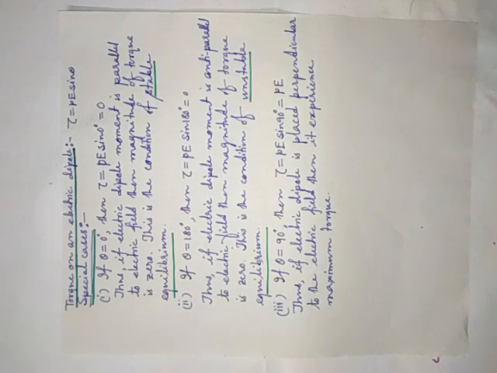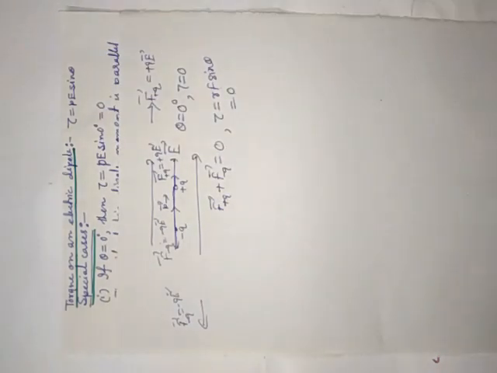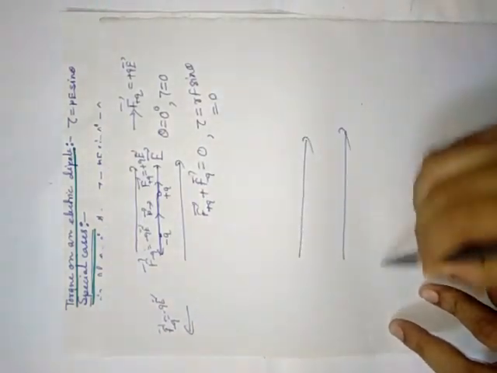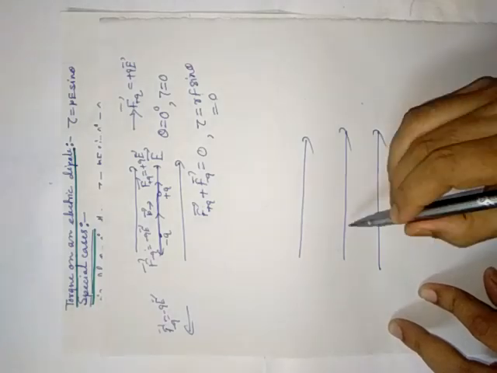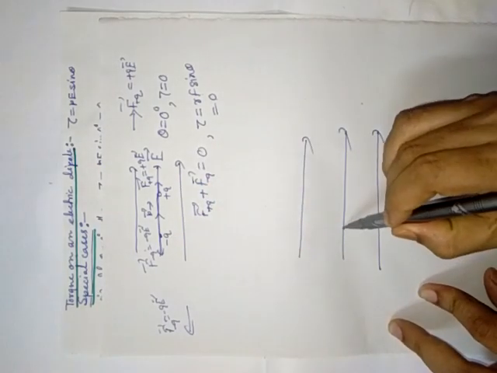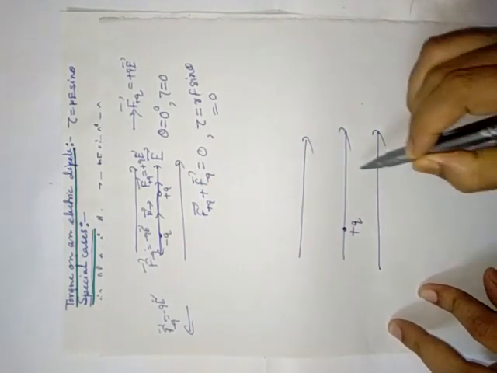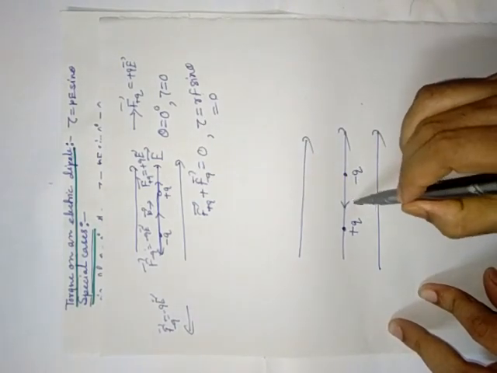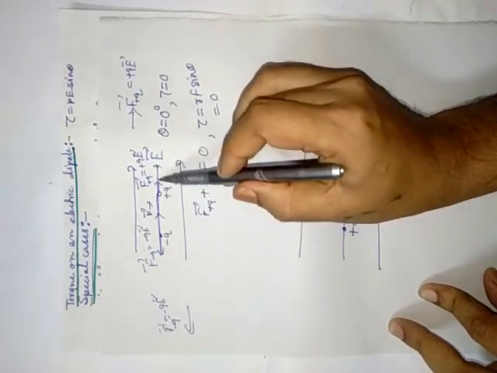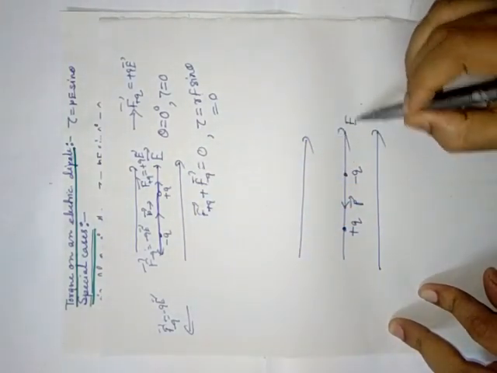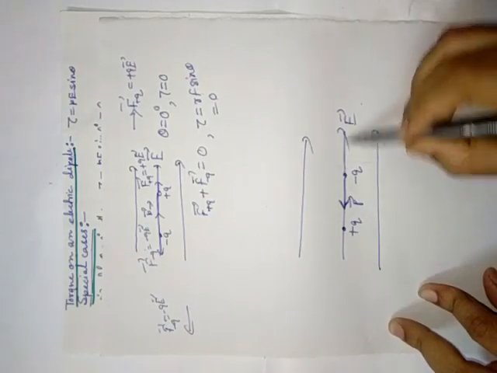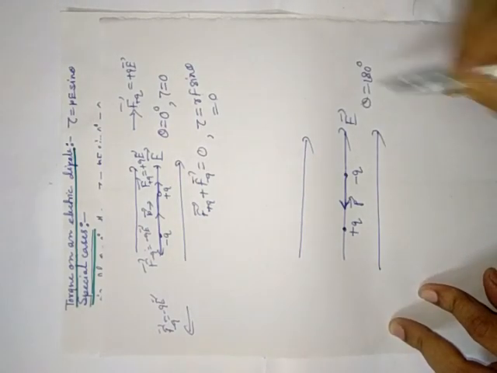Now see here, I am going to draw a diagram here. Suppose this is a uniform electric field. This time, instead of minus q, I have placed here plus q charge, and instead of plus q, I have placed here minus q charge. Earlier the p vector was along the direction of the electric field, but this time the p vector is opposite to the electric field, that means theta equals 180 degrees.